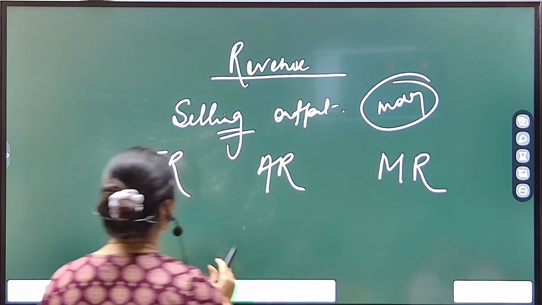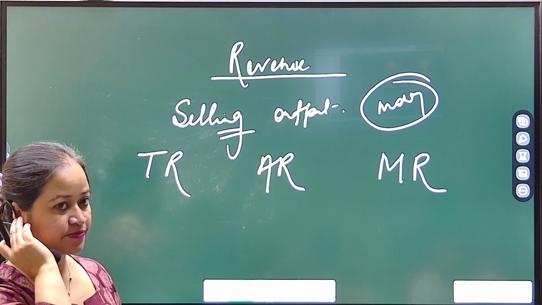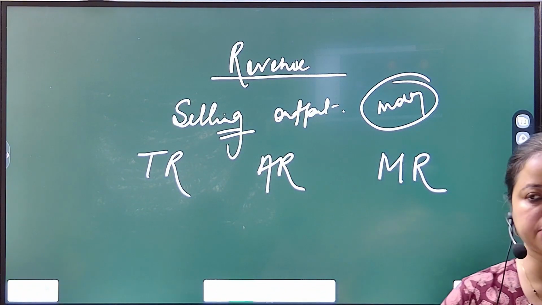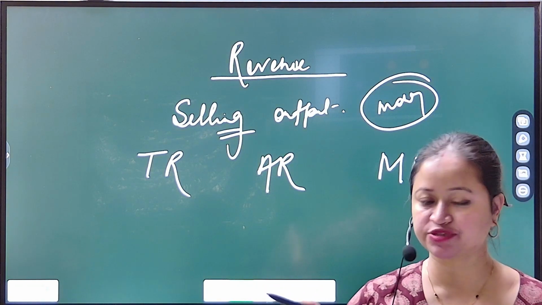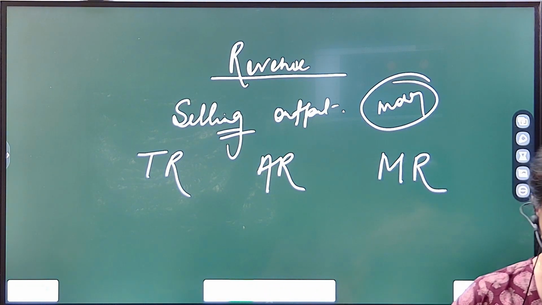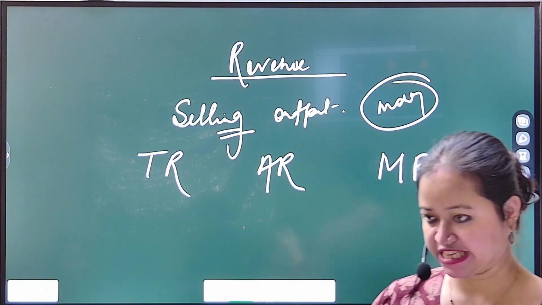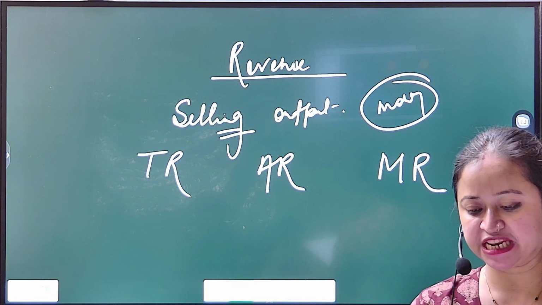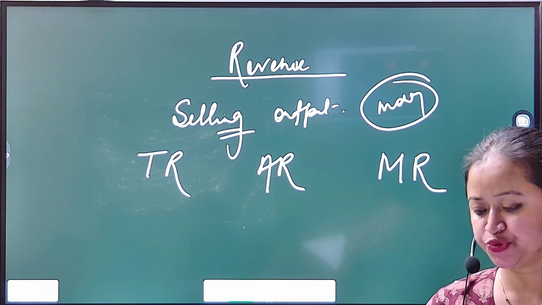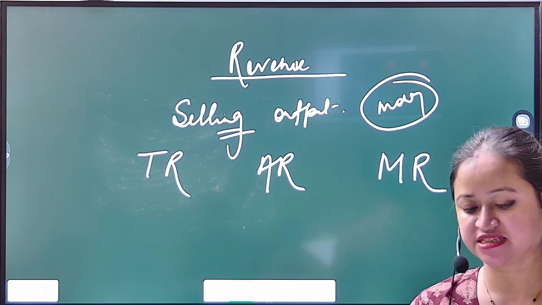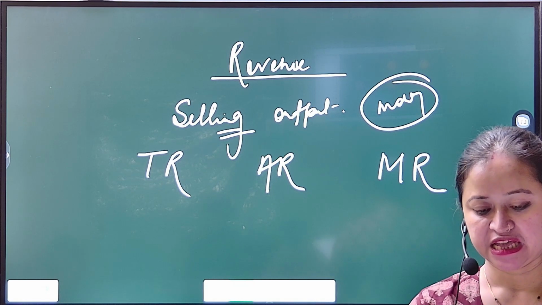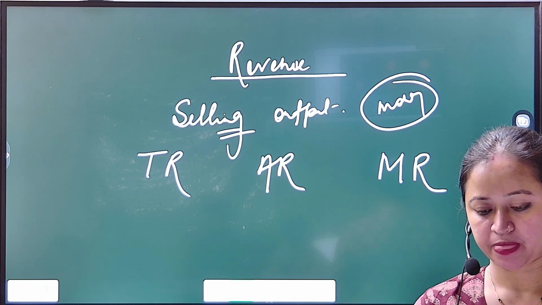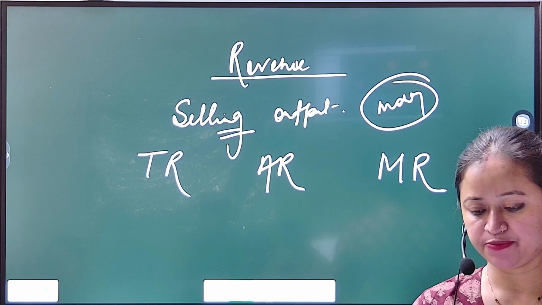Total revenue is the quantity that you have sold with the given price. It is the total amount of income obtained by the firm or producer by selling total goods and services in the market. The sum of all marginal revenue is also called total revenue.